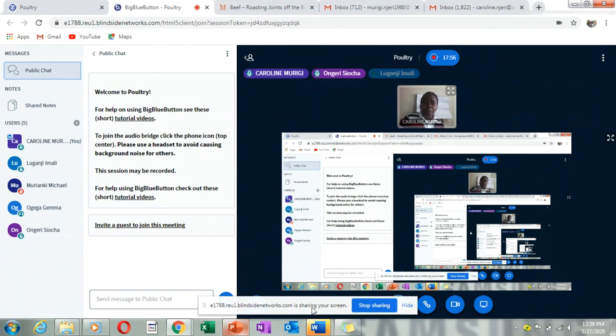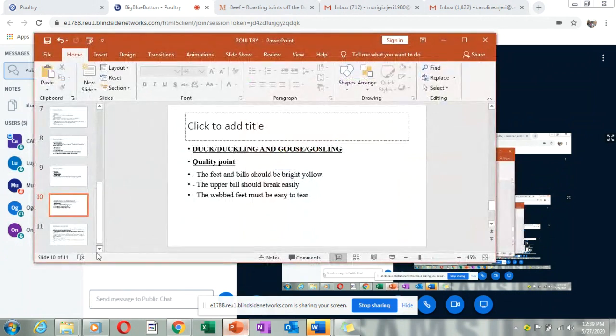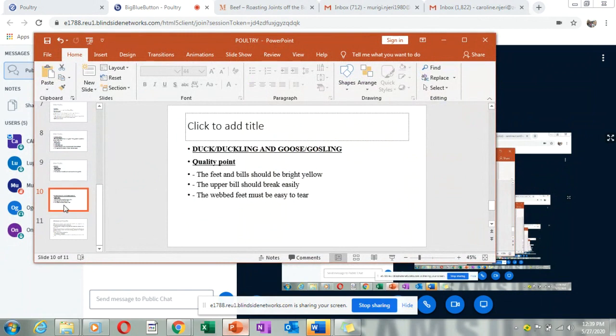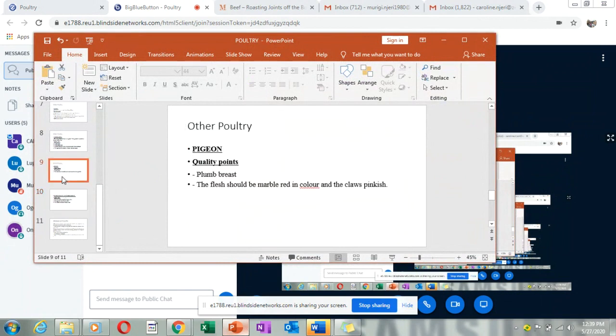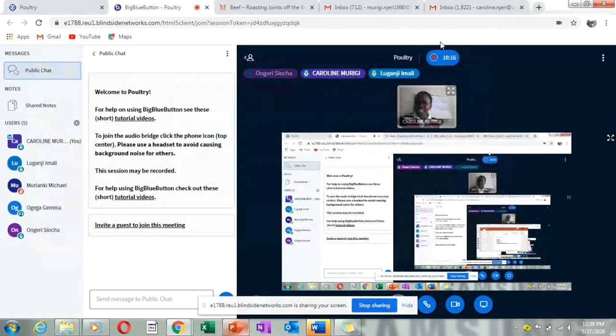Then we have others like pigeon. We are still arguing whether it is really a wild animal or a domesticated animal.